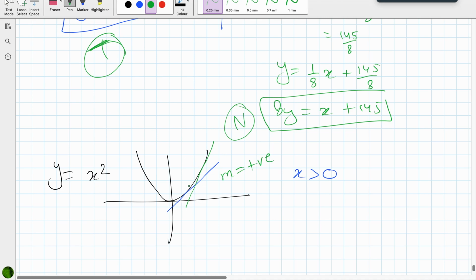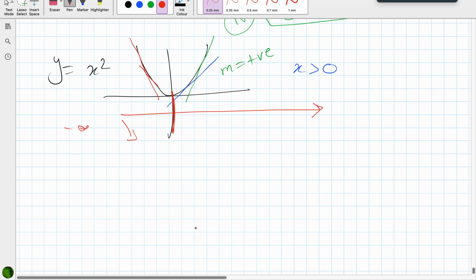When you put increasing values of x, the values of y are increasing. On the other hand, on the left the gradient is negative, and this is the decreasing function. When you increase the value of x from minus infinity, the value of y is decreasing until you cross 0, because after 0 the gradient is positive and the curve is rising.